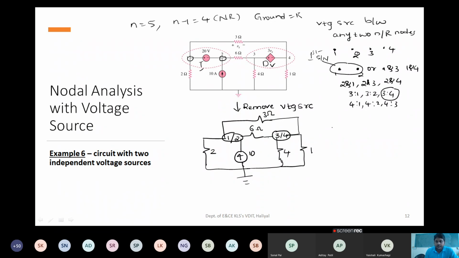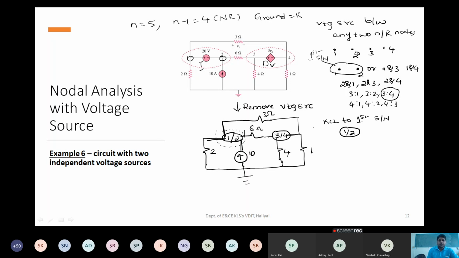First, what you have to do is apply KCL to the first supernode that is coming in between node 1 and 2. So you have to concentrate only on this. How many currents can we define? 1, 2, 3, 4 currents, right?